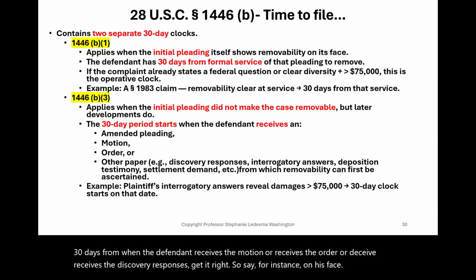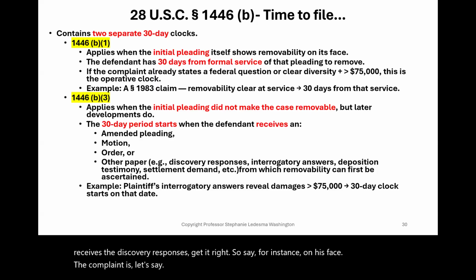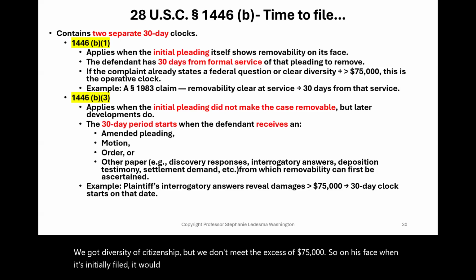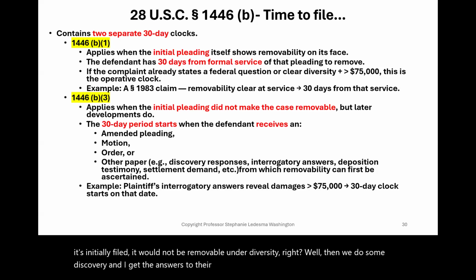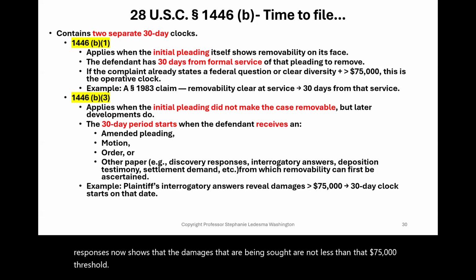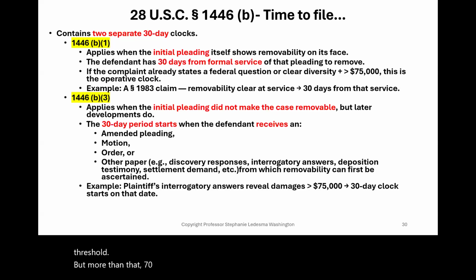So say, for instance, on its face the complaint shows we've got diversity of citizenship, but we don't meet the excess of $75,000. So on its face, when it's initially filed, it would not be removable under diversity, right? Well, then we do some discovery and I get the answers to the discovery responses, and the answers now show that the damages being sought are not less than that $75,000 threshold, but more than that $75,000 threshold.